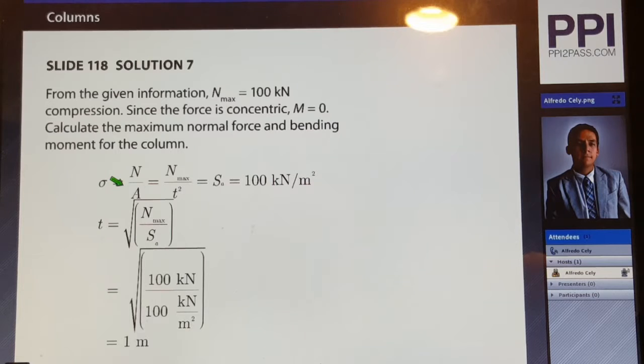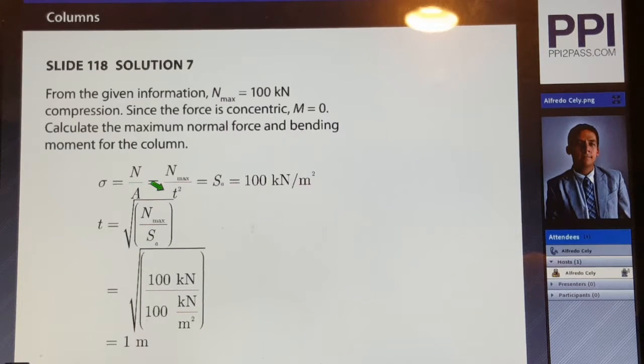The maximum stress allowable on that column is going to be equal to its maximum compressive load over the area of the column. Because the column is square, the area is going to be the thickness times the thickness, which is the thickness squared. The area of a square is the two sides multiplied together.